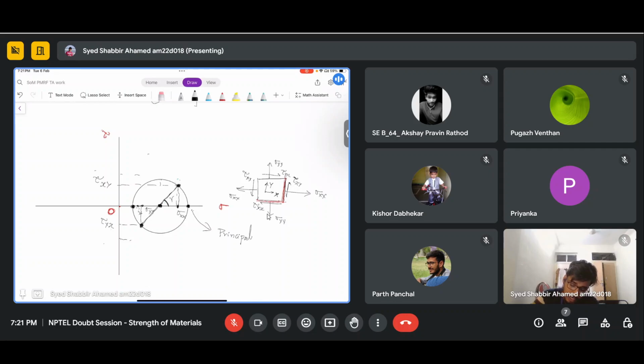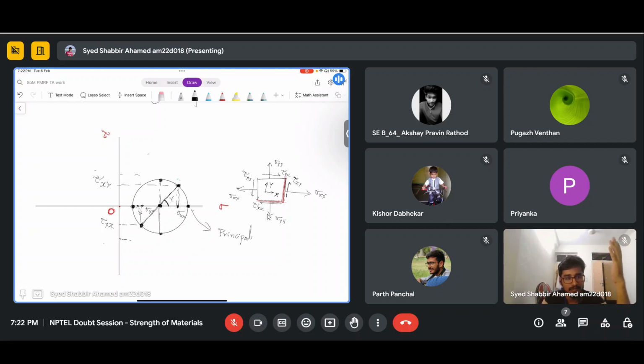And if you see here, on these 2 points, on the top and on the bottom of the circle, the shear stress becomes maximum. Whenever the shear stress becomes maximum, it doesn't need to be such that normal stress is 0.